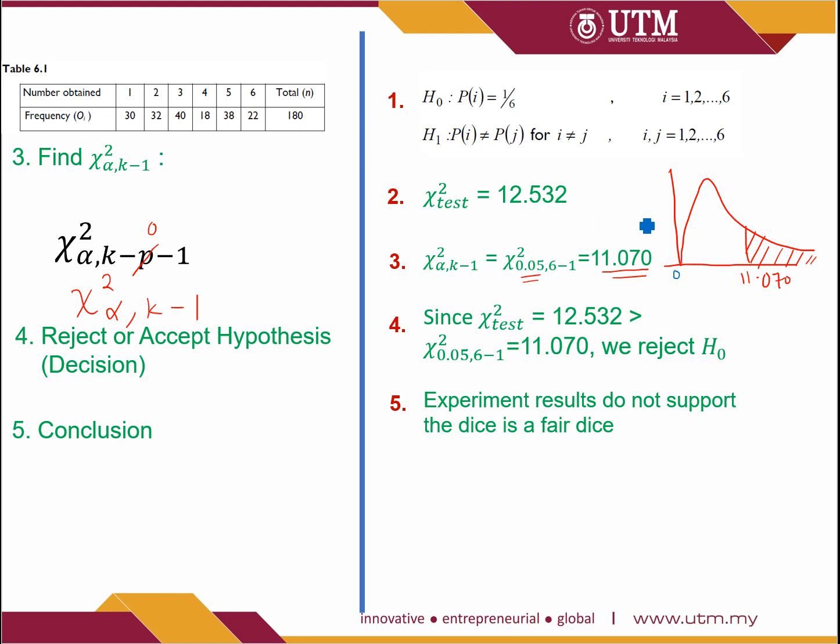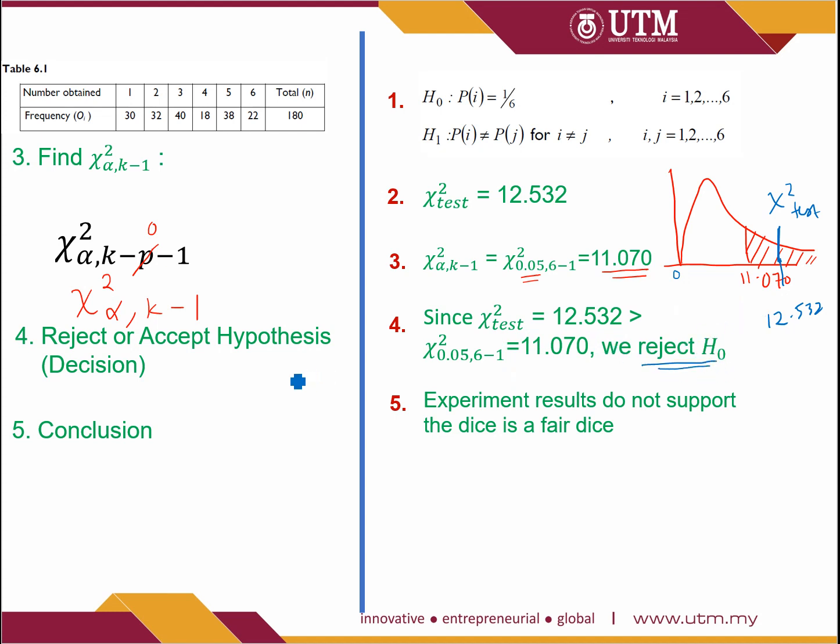So 12.532 should be more than 11.070, which is around here. So this would be your 12.532. So since your chi-squared test is inside the rejected region, or we can also write your chi-squared test is more than your critical value, so we reject the H null.